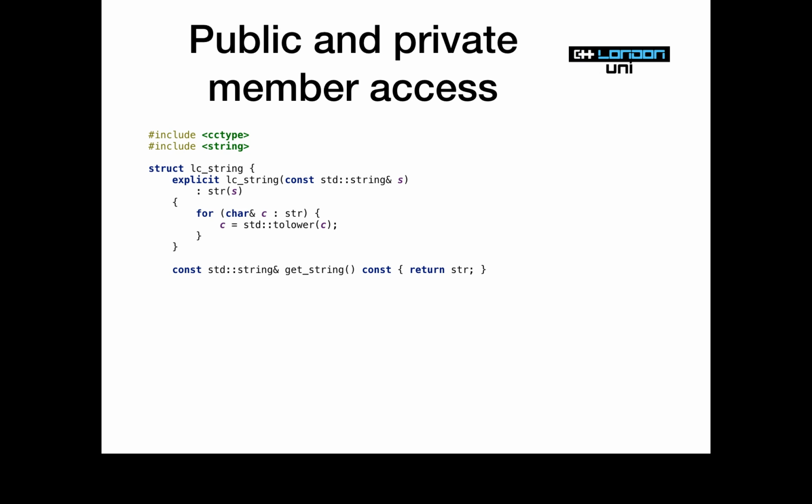Then to make our class usable, I have this function getString, which returns a const reference to the string that we hold. Notice this function doesn't modify our stored string in any way, so it's read only, so we declare this function as const. We put this trailing const at the end.